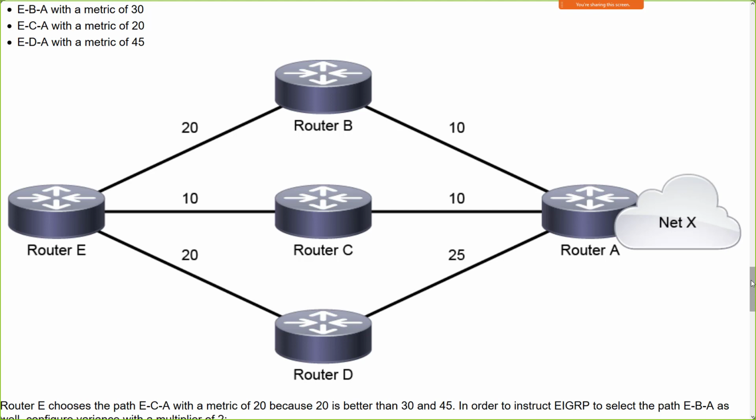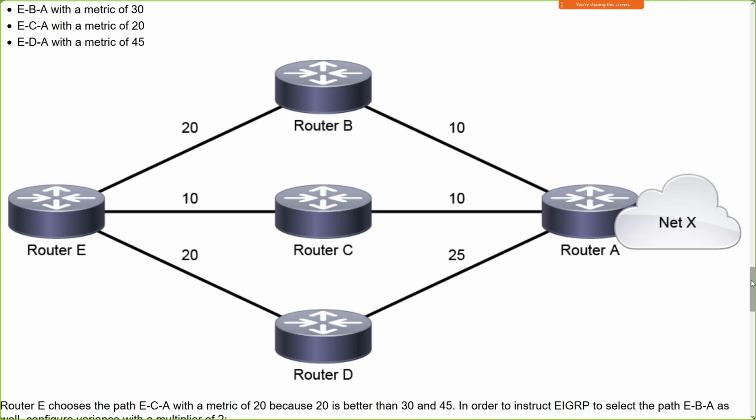So a variance of 3 should give us the ability to load balance across all 3 paths. However, is that going to be the case? If I put in a variance of 3, I know that anything from 20 to 60 now is going to be considered equal. But are all 3 paths going to be used?